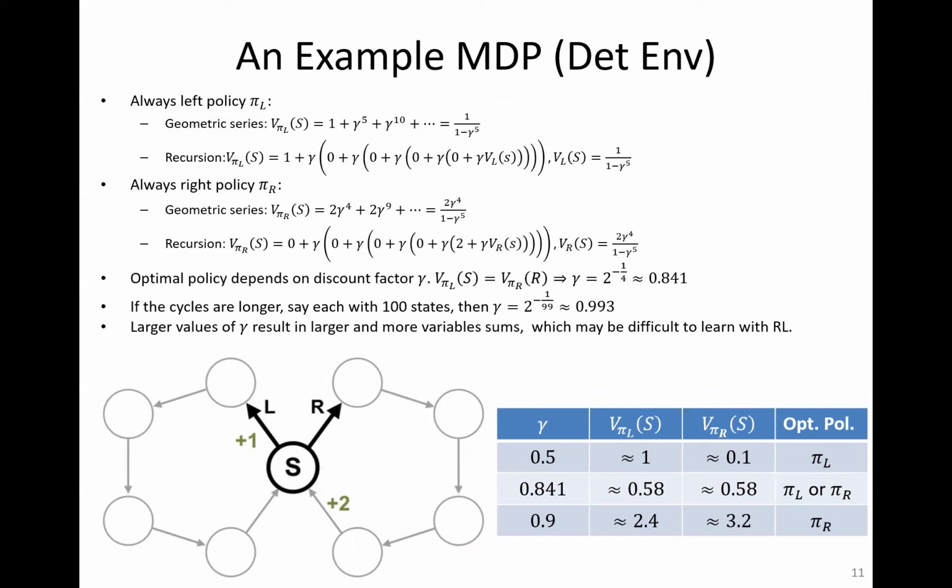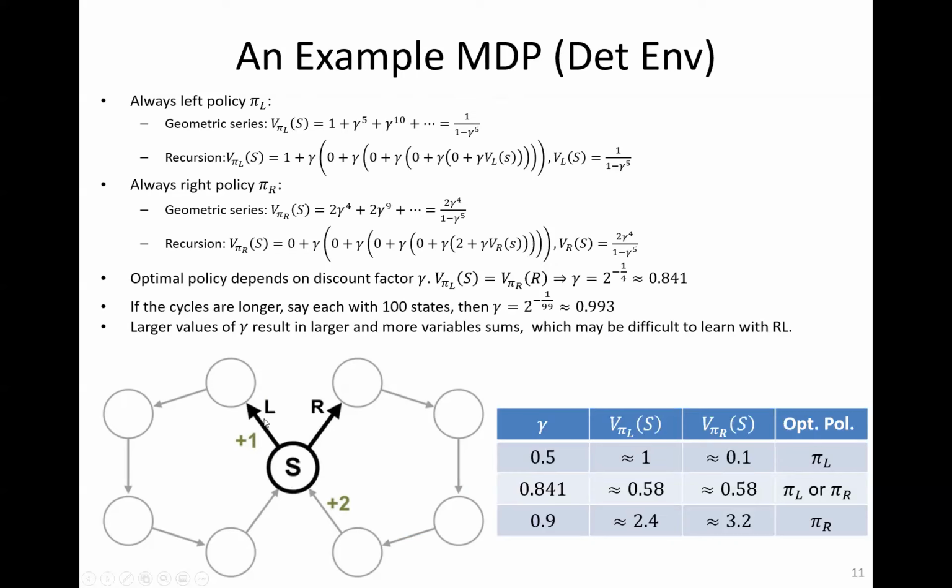Here's an example MDP to introduce the average reward. Every action has 0 reward except these two.